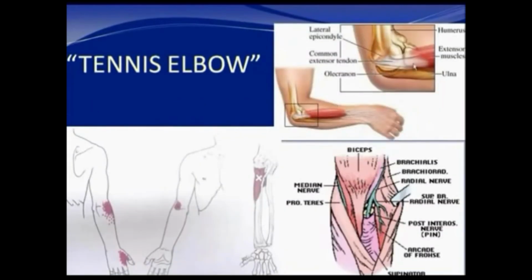As you can see, the olecranon is here. This is the lateral epicondyle right here. This extensor tendon is where the extensor of the digits combine and form one tendon, and you have the brachioradialis that attaches right here, which can also give you the tennis elbow problem.